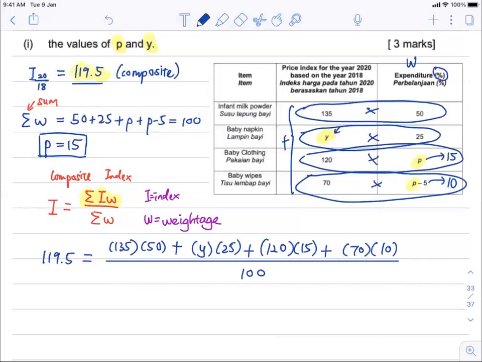So we can type into the calculator. We will get y equal to 108.